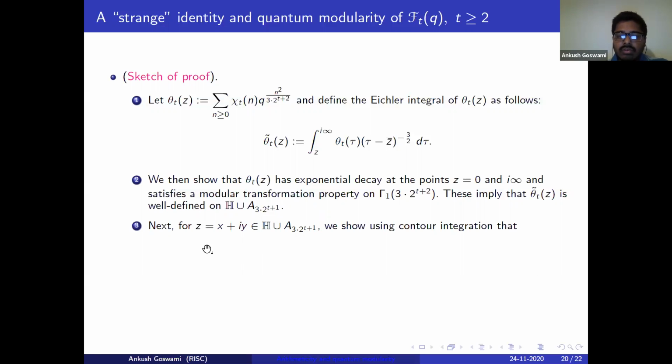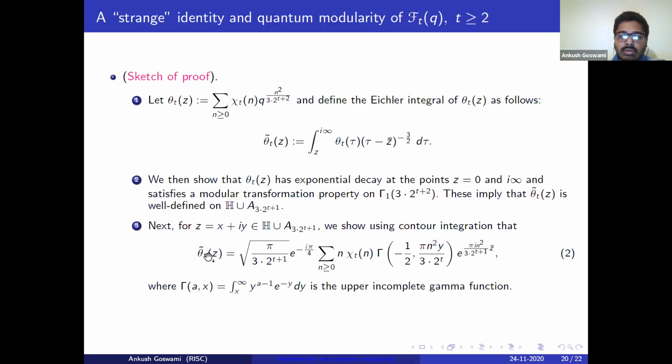And then you take any z, either in the upper half plane or in the set A_{3·2^(t+1)}, and use contour integration to show that this Eichler integral is nothing but this series involving the incomplete gamma function.